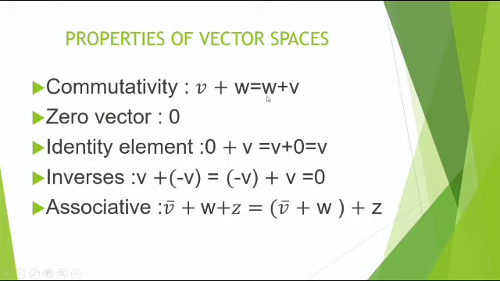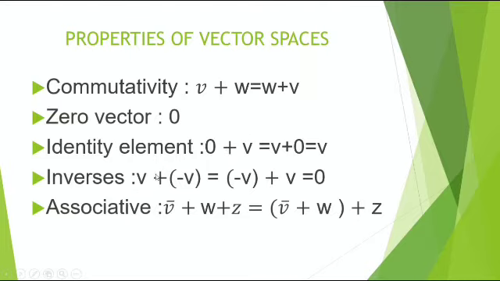v plus w equals w plus v, meaning you can add any two vectors under our operation of vector addition. A zero vector is any vector which, when added, leaves a vector unchanged; the vector having all zero components is called the zero vector.